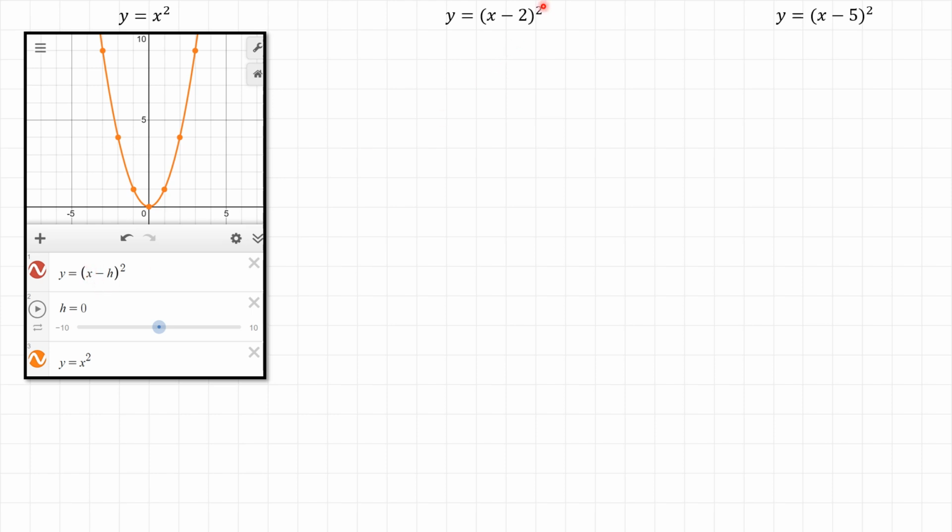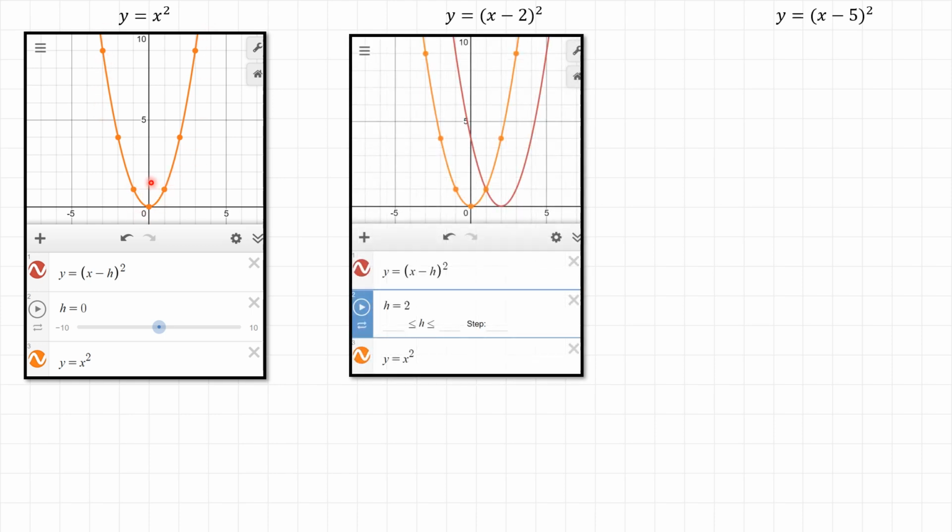What if we changed it to 2? So this would be x minus 2. Where would the new quadratic relation, where would the new parabola end up being? Well, we can see that as we change it to 2, the parabola seems like it has been moved over towards the right.